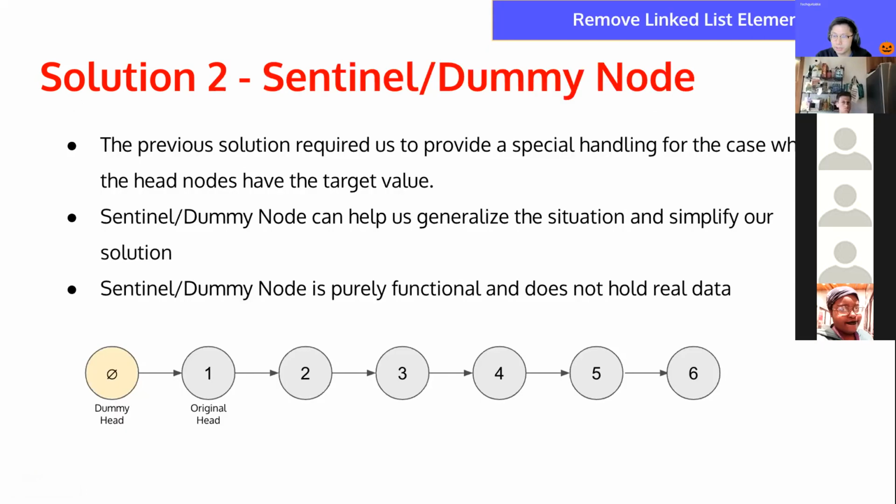Another approach that I would like to introduce to you guys, which could simplify that solution a little, is a helper data structure that people call a sentinel or dummy node. If you look at the previous solution, it requires special handling for the case when the head nodes have the target values.